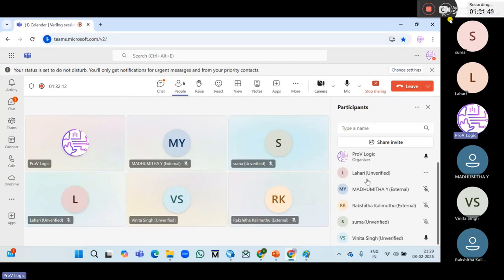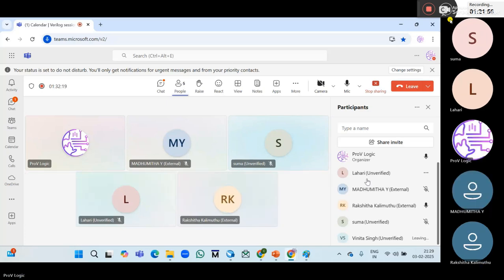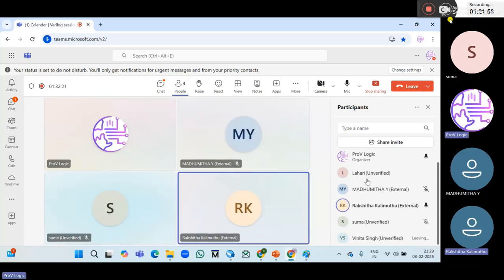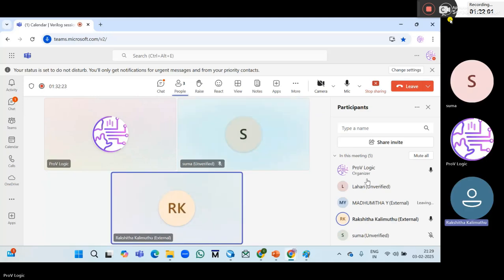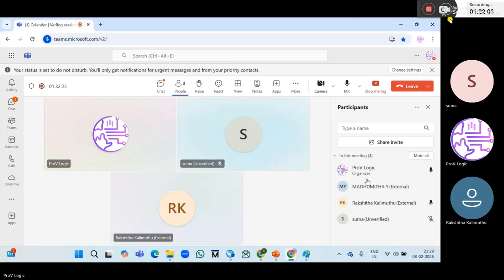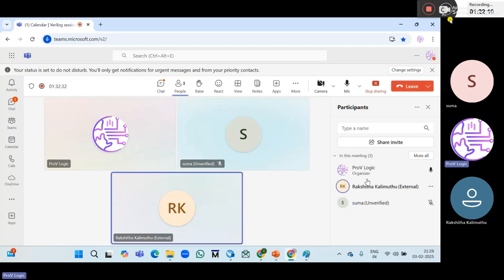Yeah, sure. Rakshita, can you share your screen? Ma'am, I'm not attending on laptop, only on mobile. Okay, then Sumalata will guide you. Whenever you are free, tell her. She will guide you how to install the tool. Yeah, ma'am, sure. Yeah, you can share your screen, Sumalata.